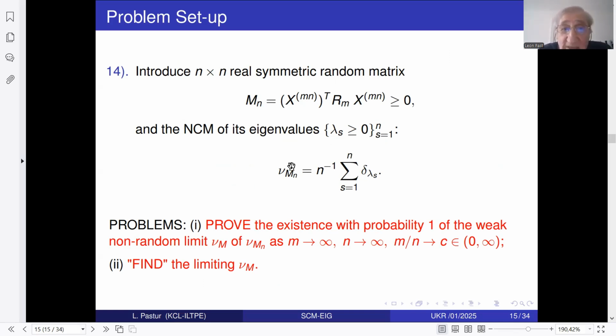And I introduce the eigenvalues of this matrix, which I denote lambda, there are n of them. I assume the convention that if some eigenvalues coincide, I count them with multiplicity as different numbers.